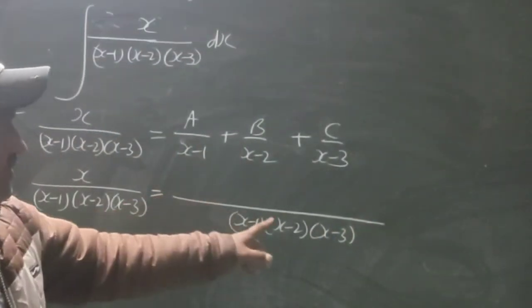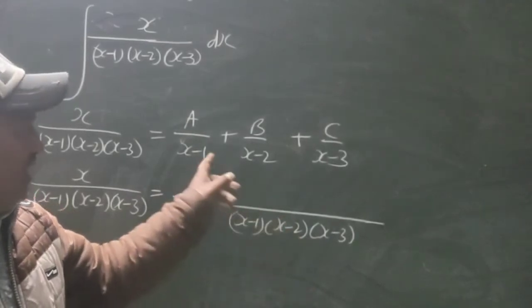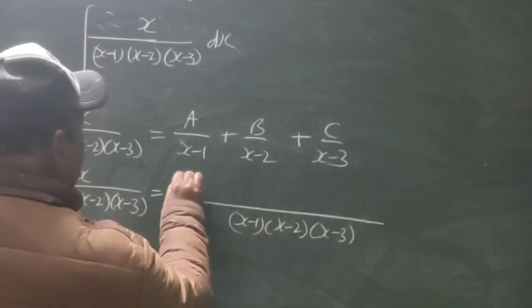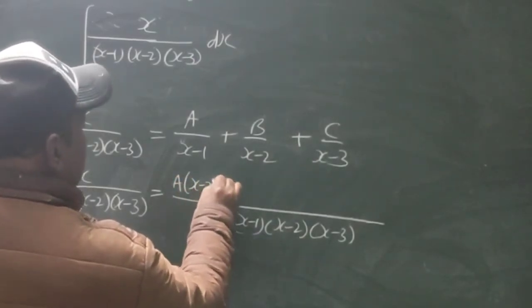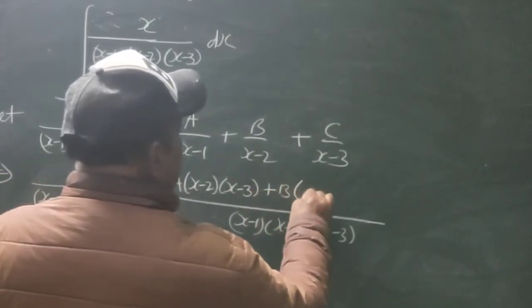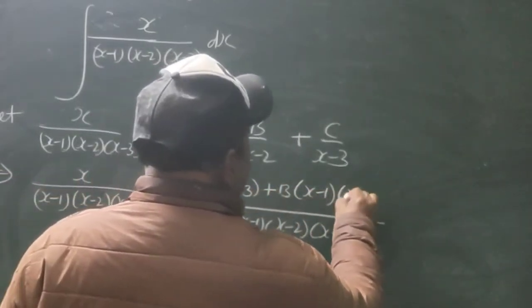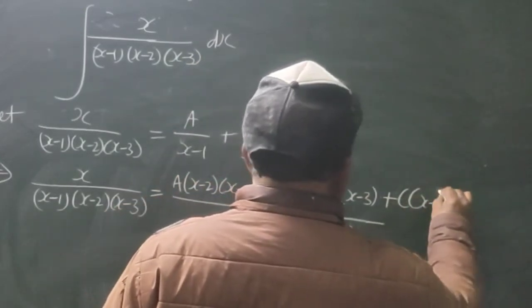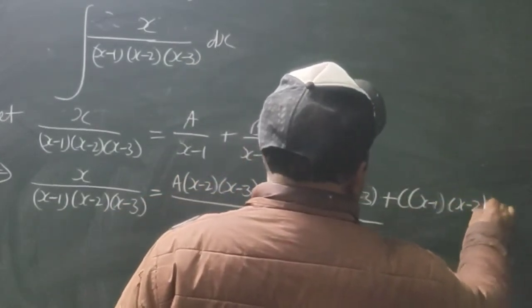Now dividing LCM by denominator, we get A into x minus 2 into x minus 3 plus B into x minus 1 into x minus 3 plus C into x minus 1 into x minus 2.